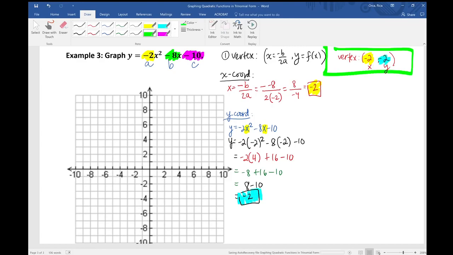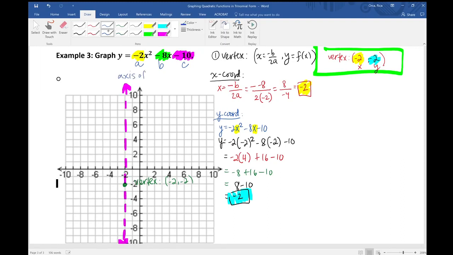Now that we have our vertex, let's plot our point at negative 2, comma, negative 2. Label. And let's draw our axis of symmetry. Our axis of symmetry is at x equals negative 2.